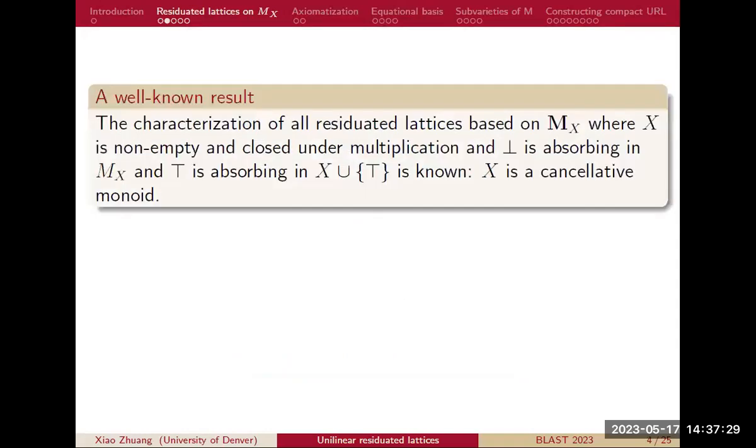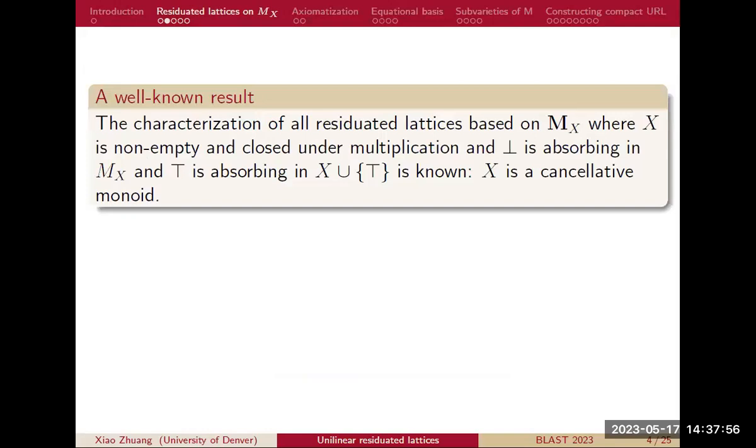We know some already known results. I think it's a kind of exercise problem after some textbook. If we have a residuated lattice based on M_X, and the middle part is closed under multiplication, while the top and bottom act like zeros, then we know the middle part X is a cancellative monoid.